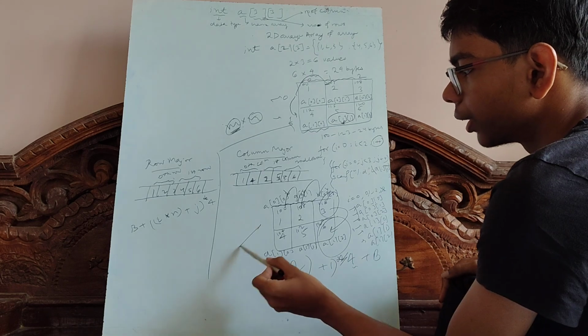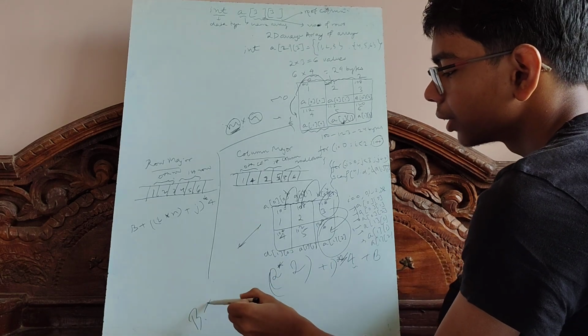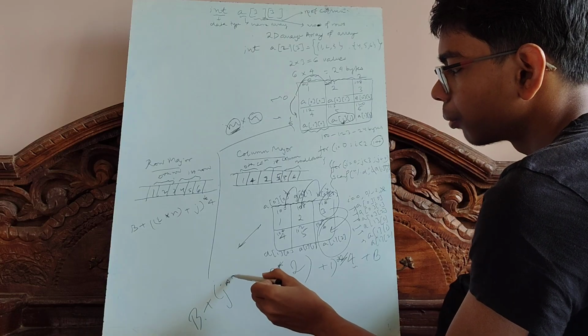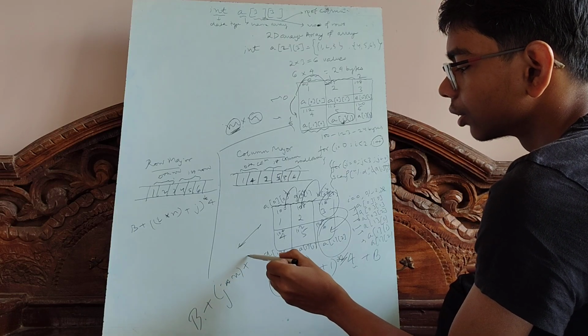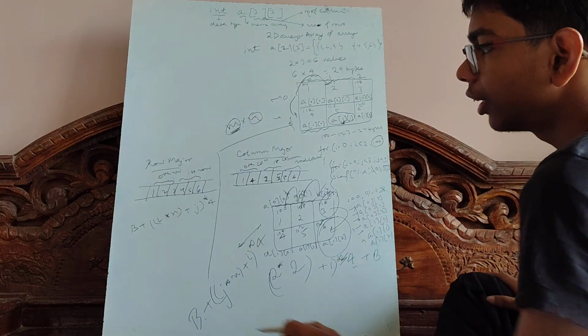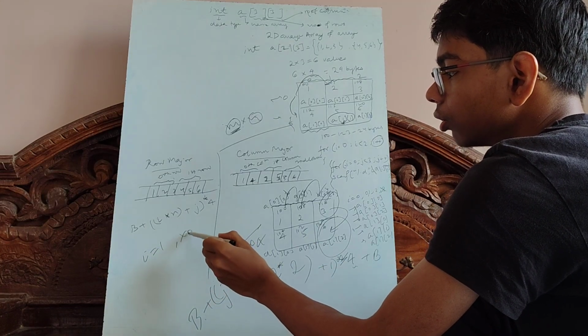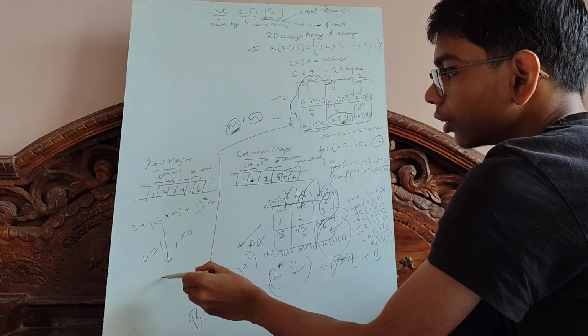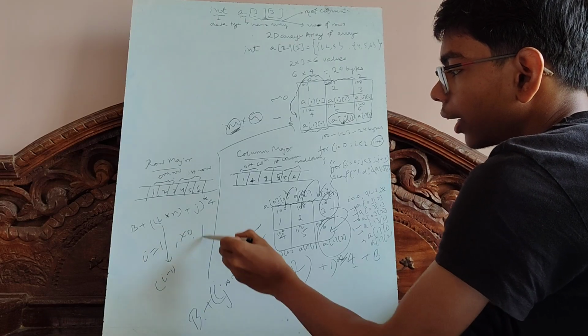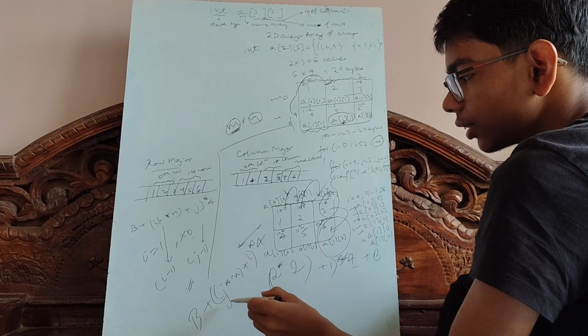So the general formula for column major implementation is base address plus j multiplied by n plus i, multiplied by 4. And if my index is starting from 1, not 0, I will simply subtract 1: i minus 1 here and j minus 1 here, and the formula will remain as it is, right.